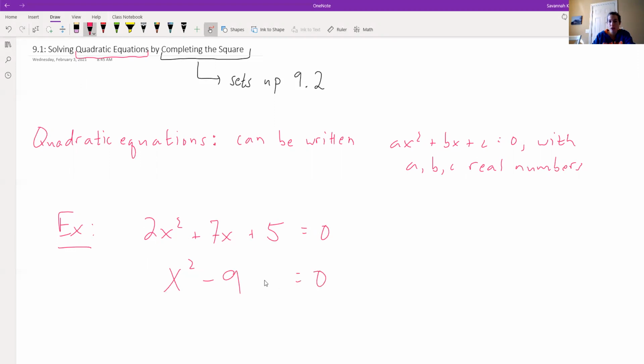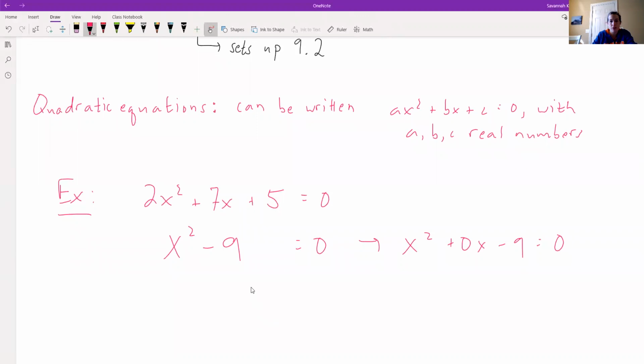Okay, at first glance it looks like it's missing some stuff, but I can repackage it as x squared plus 0x minus 9 equals 0. And then you can see that it fits the formula a little bit better. We've got 1/4 x equals 0.